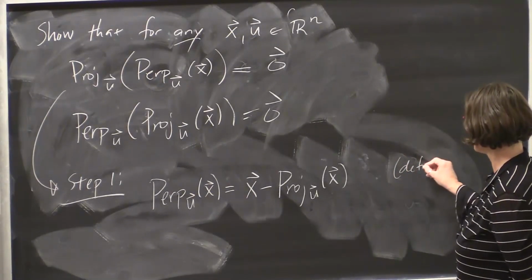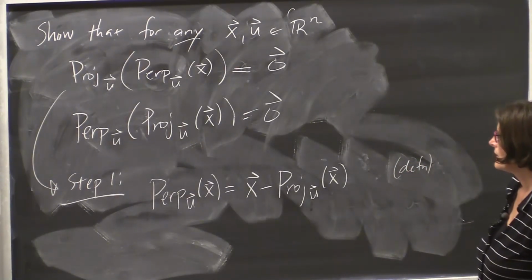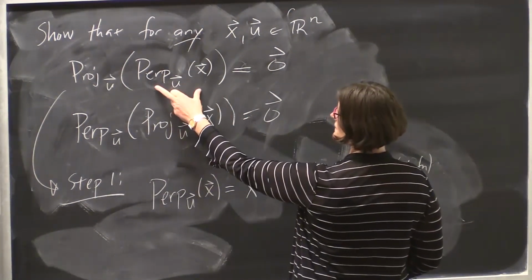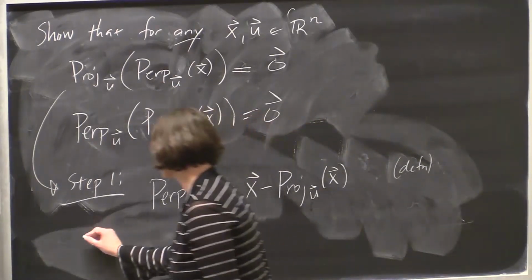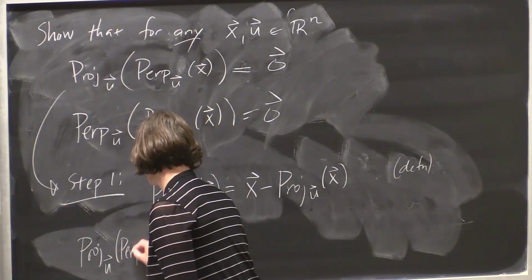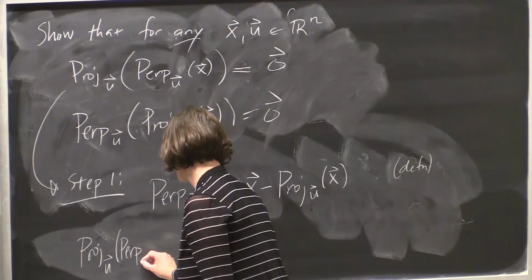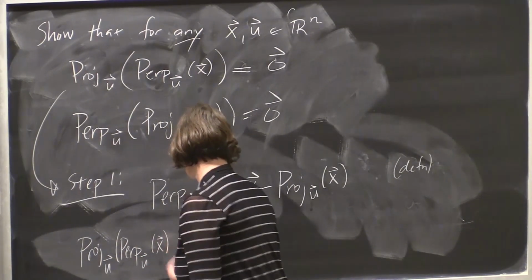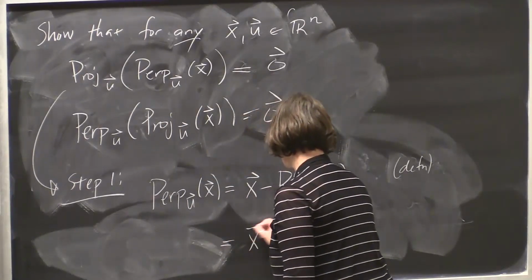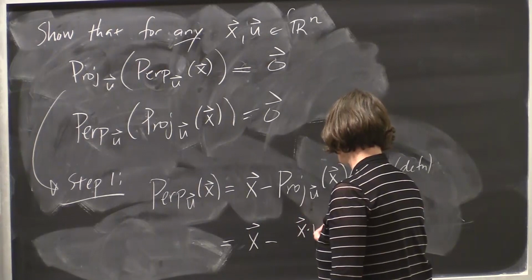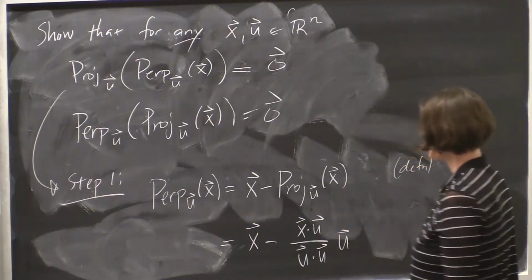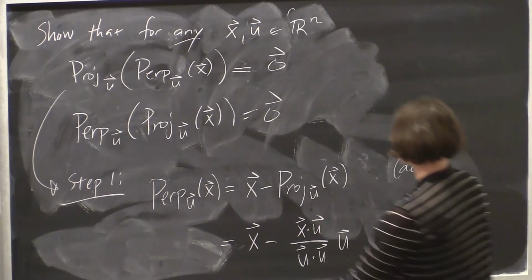This was the definition. So this is the thing inside. Now the projection onto u of perp u of x. Well, actually, let me do one more line here before I keep going. So this is x minus x dot u over u dot u times u. Okay. Step 2.